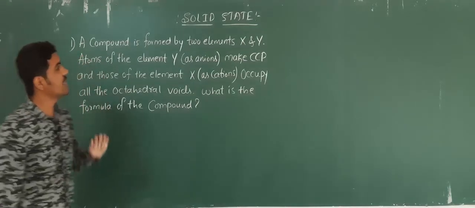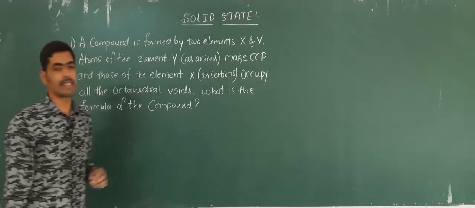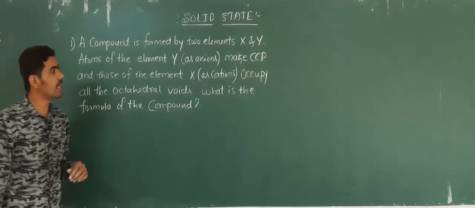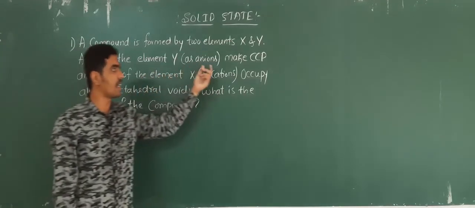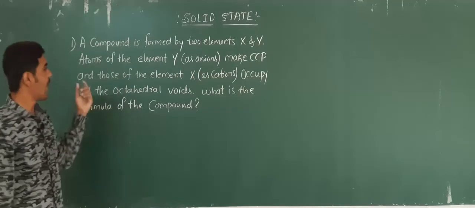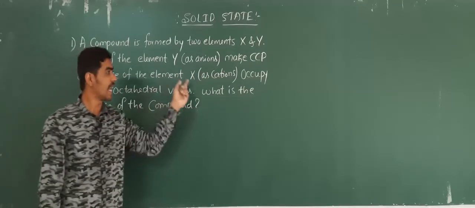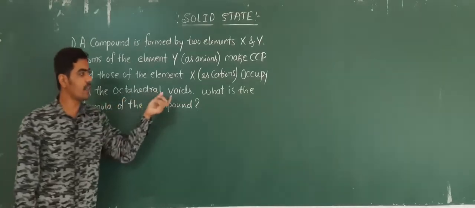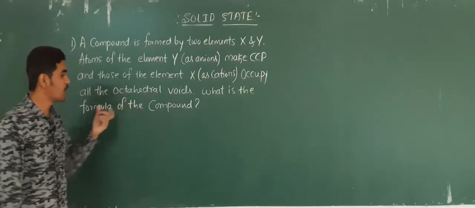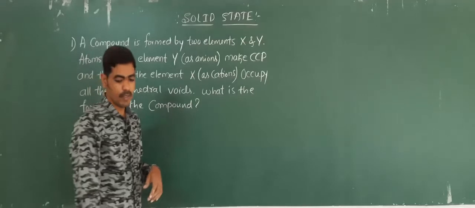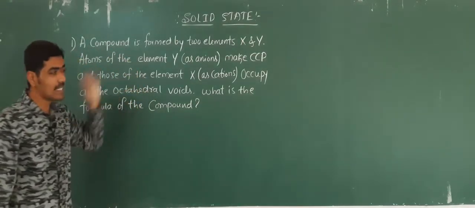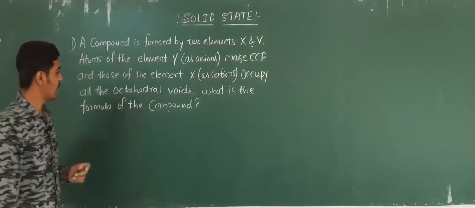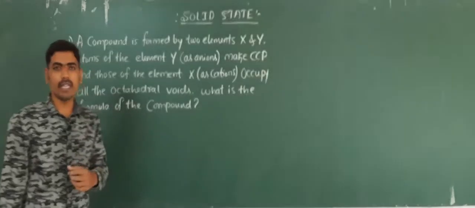A compound is formed by two elements X and Y. Atoms of the element Y as anions make CCP and those of the element X as cations occupy all the octahedral voids. What is the formula of the compound? By using this information, you need to calculate the formula of the compound.